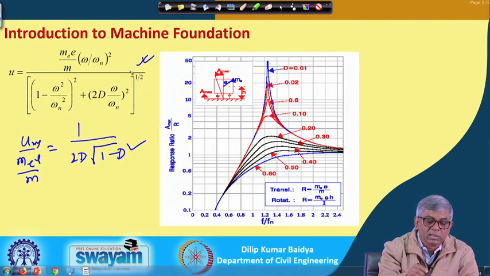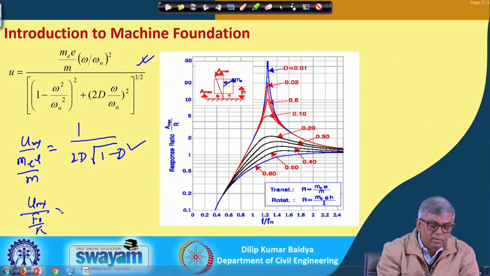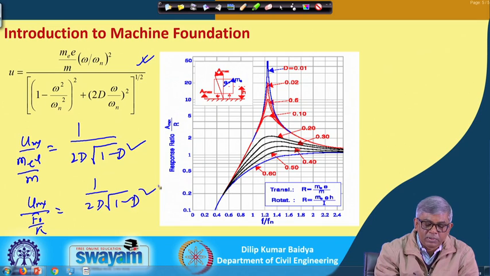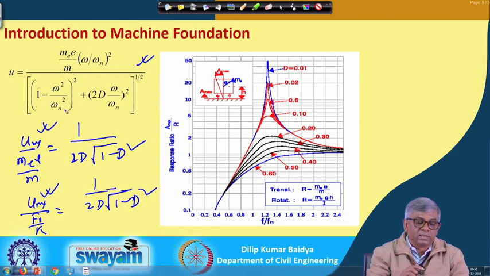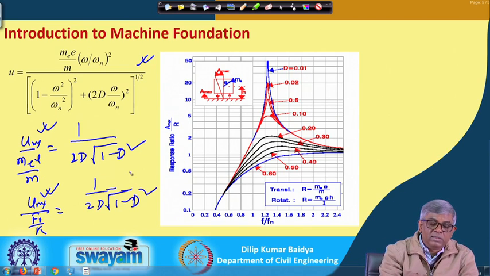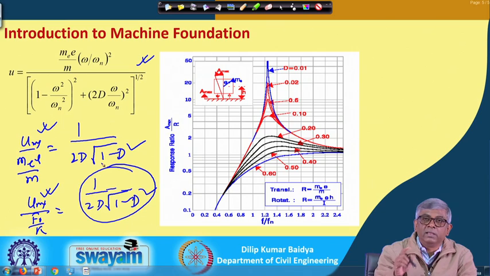So, for the rotating mass system, this is the expression. Similarly, for the constant force system, u max divided by f naught over k will be equal to 1 over 2 d under root 1 minus d square. That means at resonance, u max means the displacement amplitude is maximum. That resonance point, what is the value? It depends only on damping.